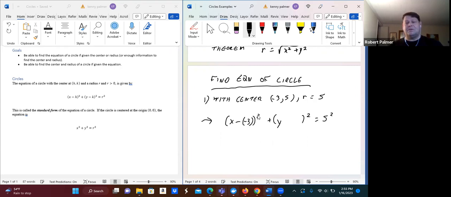So if you've seen the distance formula, it works very similarly, like the Pythagorean theorem and the distance formula. And here we have y minus 5. And so this is going to become (x plus 3) squared, plus (y minus 5) squared is equal to 5 squared. And 5 squared, of course, is 25.